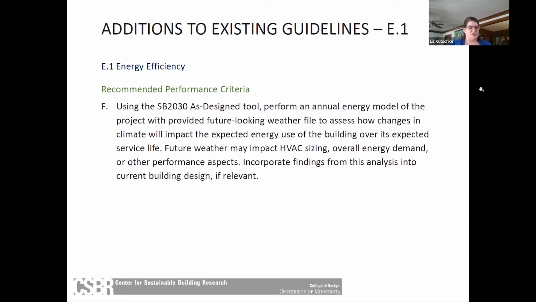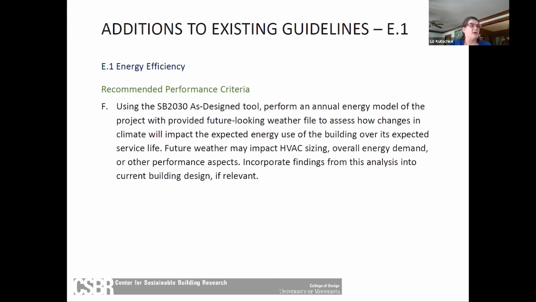So there are also some additions to existing guideline areas, one of which is in addition to E1, energy efficiency. So this recommended performance criteria would be to use the SB 2030 as design tool, the web-based modeling tool, to assess the building energy model in future weather data that will be provided by B3.